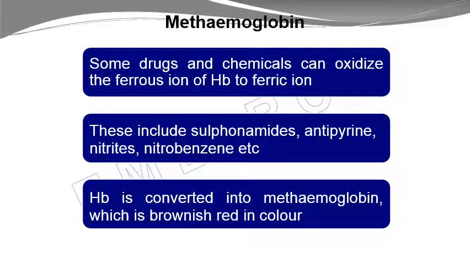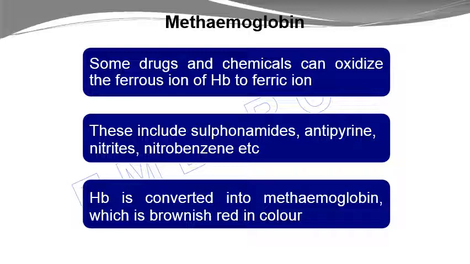The next derivative is methemoglobin. There are certain drugs and chemicals that can oxidize the ferrous ion of hemoglobin to ferric ion. Drugs such as sulfonamides and nitrites can very easily cause the oxidation and ultimately convert hemoglobin into methemoglobin. Methemoglobin has a brownish red color.